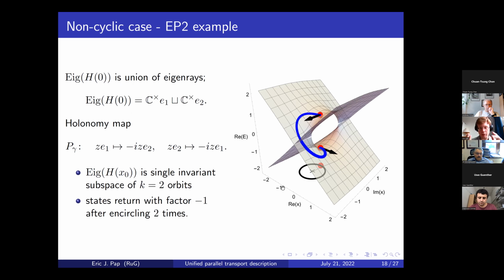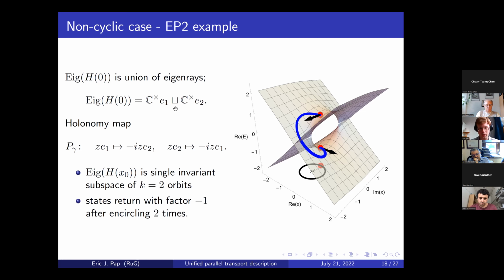So now, there's a parallel transport map. I should tell you on which space it acts and what it does. The space on which it acts is the set of all eigenstates of the reference Hamiltonian. For the EP2, I just picked 0 as my reference point. It's a nice non-degeneracy. And so H0 is just diagonal 1, minus 1. So the eigenrays are the eigenray through the two basis vectors. Please note this is a disjoint union and not a direct product, because again, we are not looking at linear superpositions.